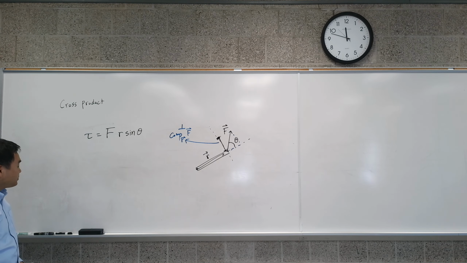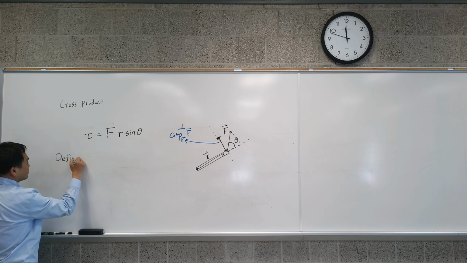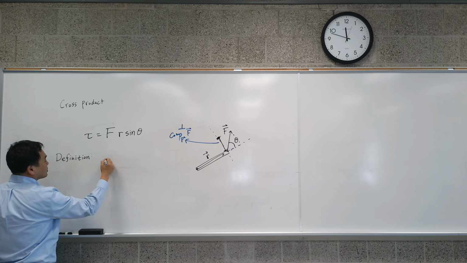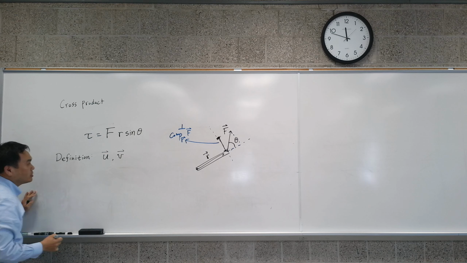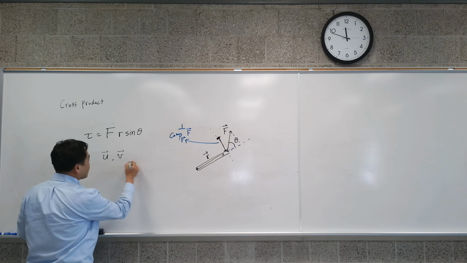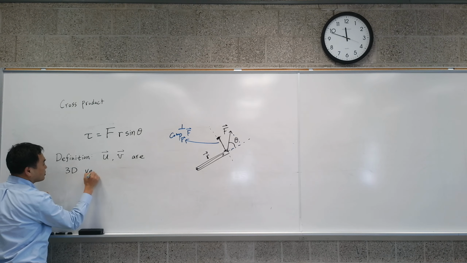Okay. So we say the following definition. Suppose you have U, V, and the cross products only work in 3 dimensions. Okay, so U, V are 3-dimensional vectors.